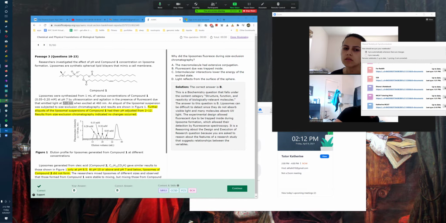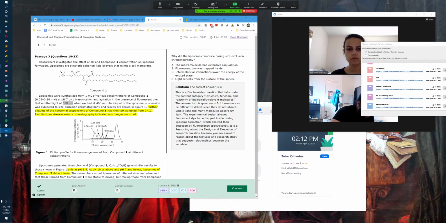They want to check what each of these does. So that's why they have an experiment with just different concentrations of compound 1, and an experiment where they adjusted the pH as well.